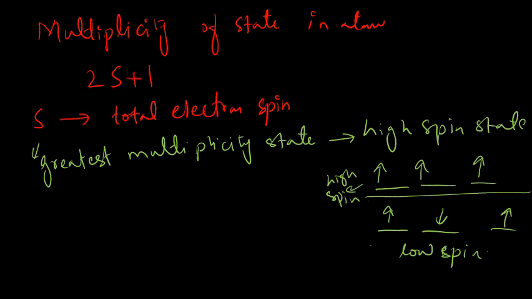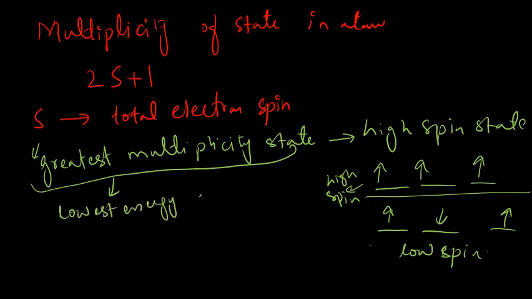High spin state is actually the greatest multiplicity state, and it is the lowest energy state. The greatest multiplicity state corresponds to the lower energy state. Why does it have the lowest energy?